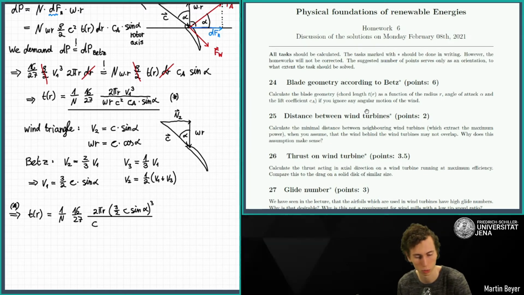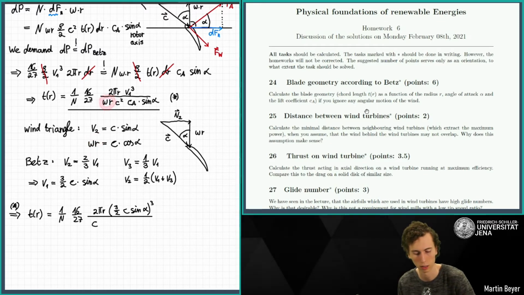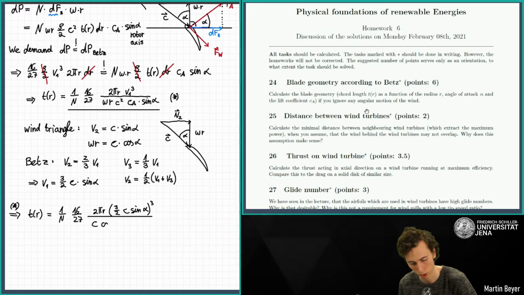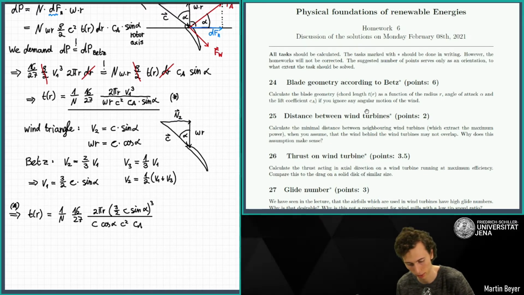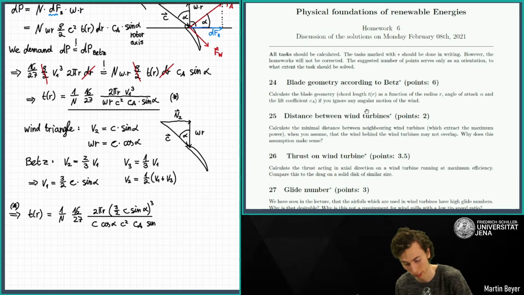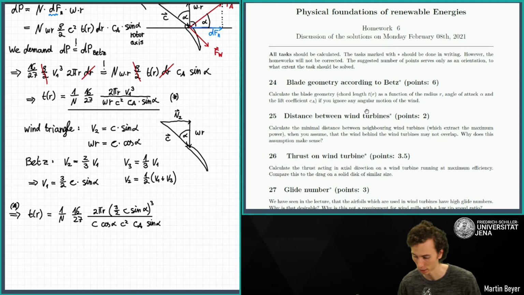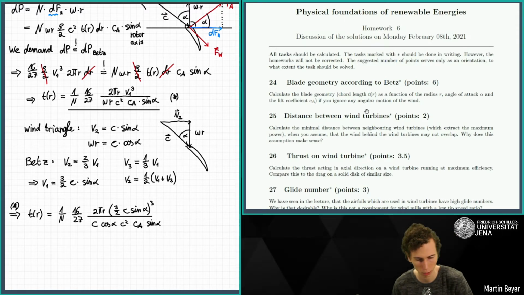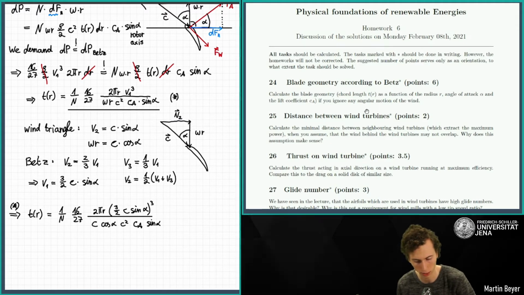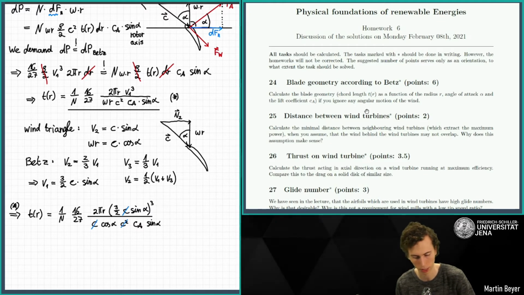And now we also resubstitute this omega times r with c times cosine of alpha. So c times cosine of alpha times c squared times the lift coefficient Ca, a lot of c's in here, times sine alpha. Okay, so we have some quantities that cancel out. Let's find them. First of all, we have c cubed in the numerator and c cubed in the denominator.